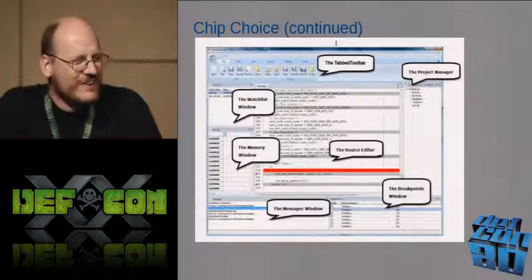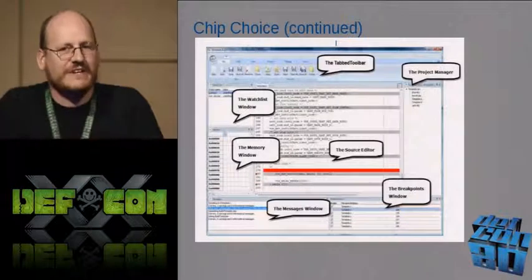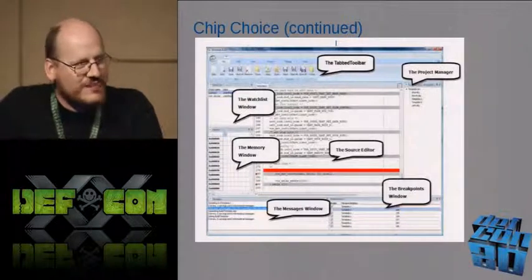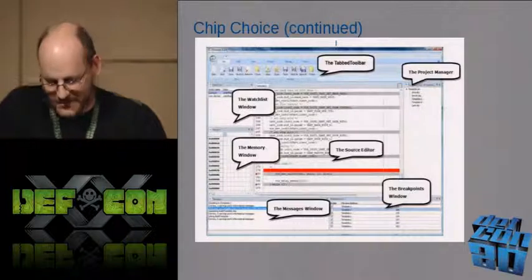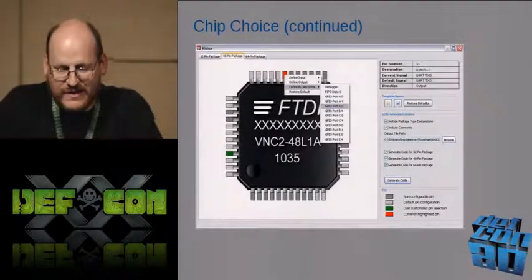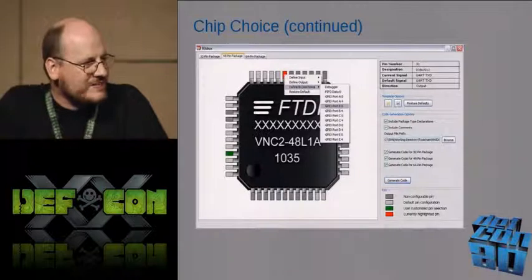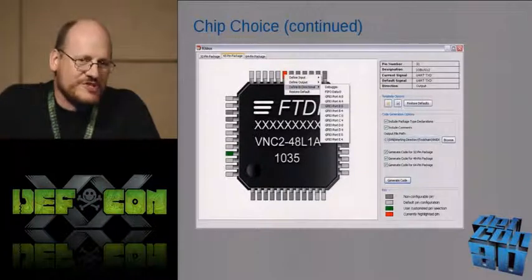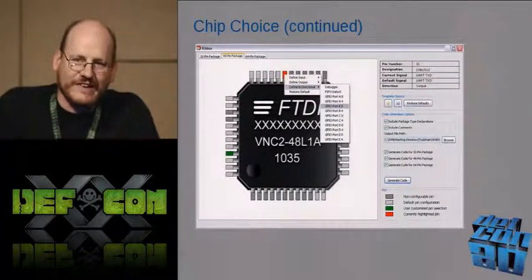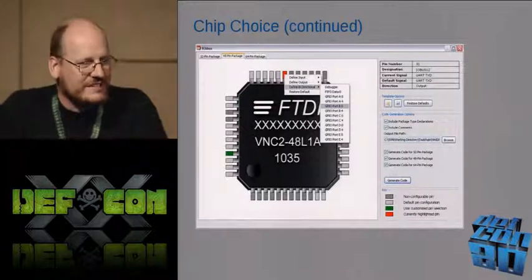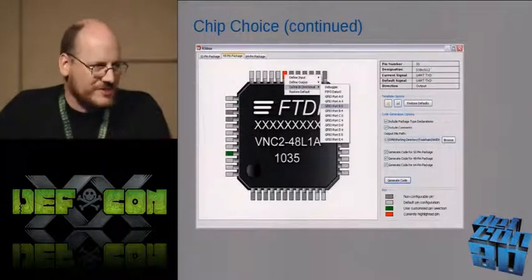It does have a fairly decent IDE. It's not Eclipse or anything like that, but it gets the job done. It has some debugging facilities and such. So it does work. And in there, they do have this nice ability where you can pull up the chip that you're going to target, and you can point and click and say this pin is going to do this and this pin is going to do that.